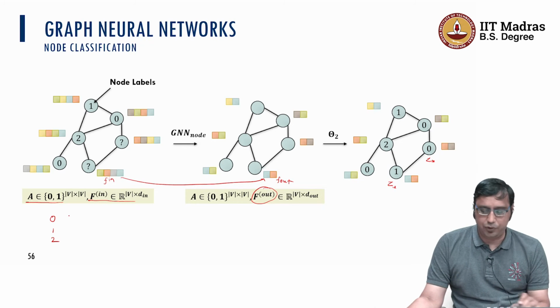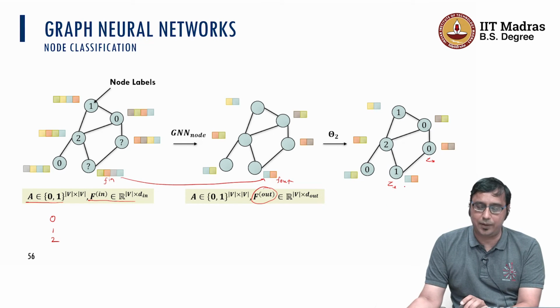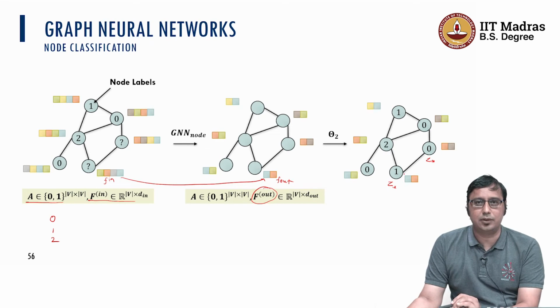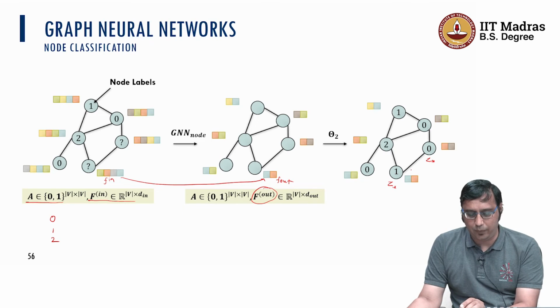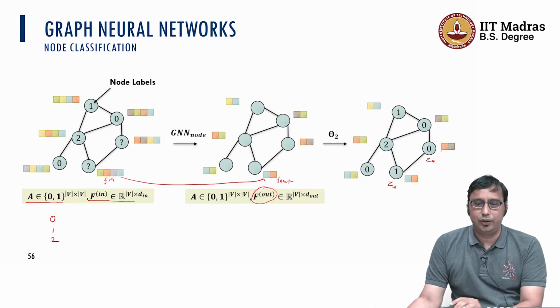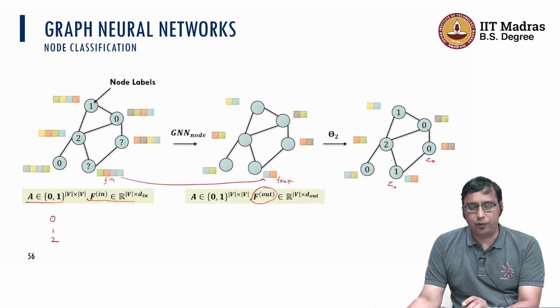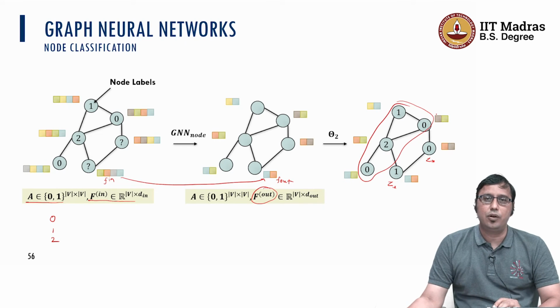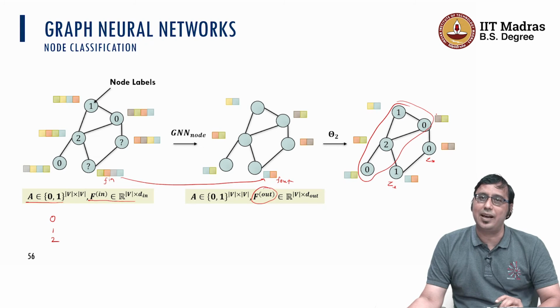I'll go through this distribution and check which one has the maximum probability, and that particular class will be assigned to this node. In this case it is 1 and the other one is 0. So we can get node labels for unknown nodes by using the label information of known nodes and the features associated with them.